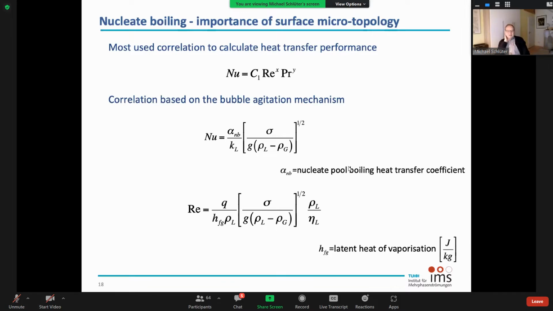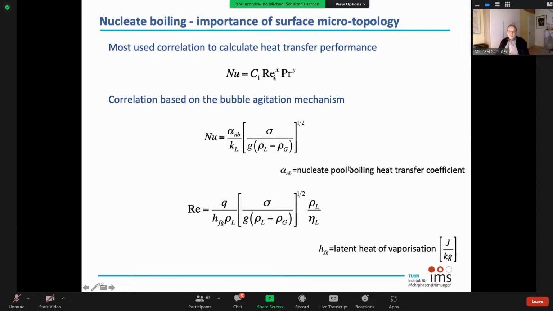And for that, we look at our well-known equation that we use all the way. If we want to calculate heat transfer performance, we use our dimensionless Nusselt number. And you already know this shape of our Nusselt number correlation. We have a factor.